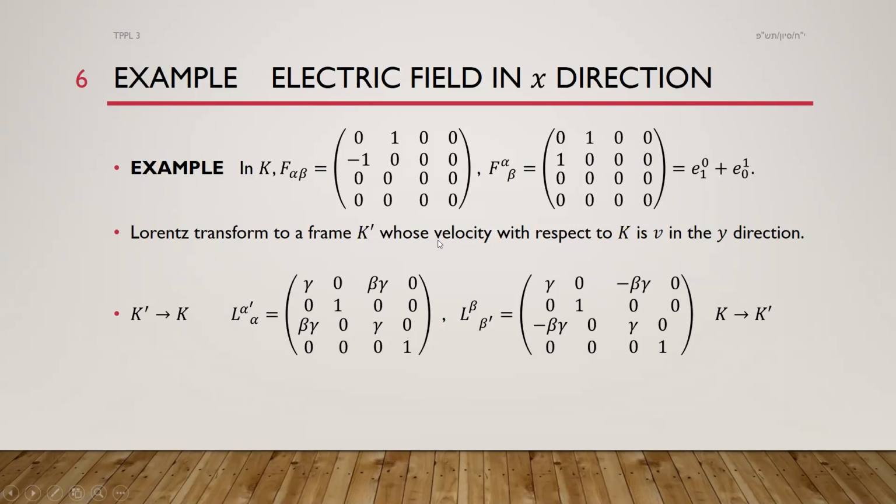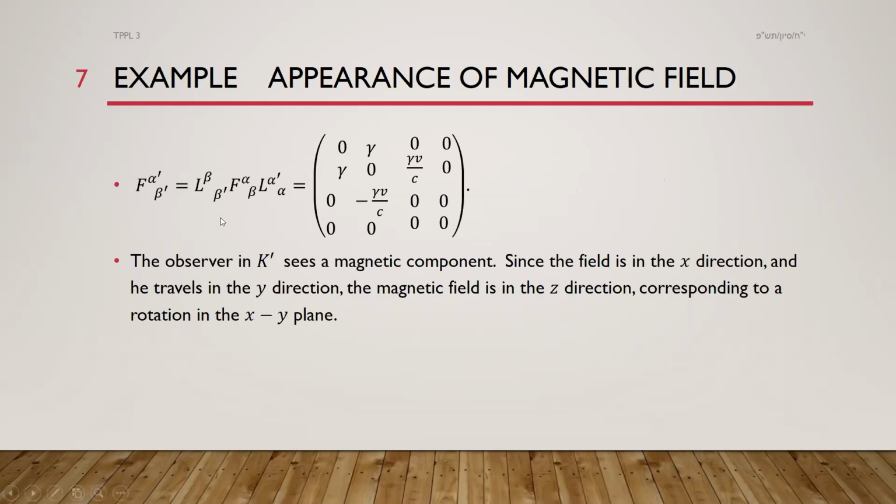So let's take a Lorentz transform to a frame K prime who is moving in the y direction with velocity v with respect to K. So the electric field in K is in the x direction, and now we're going to travel in the y direction. And using these Lorentz transformations, forward and backwards, from K to K prime and K prime to K, when you transform the antisymmetric tensor to the frame K prime, now you'll pick up a magnetic part.